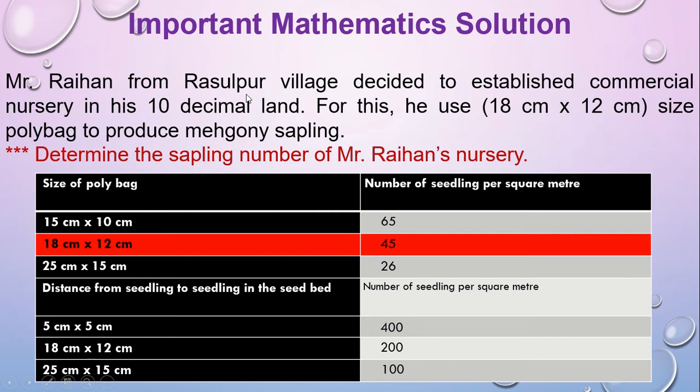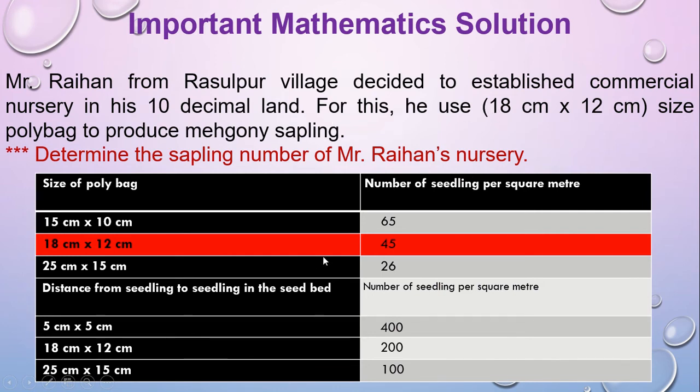Mr. Raihan from Rosupur village decided to establish a commercial nursery in his 10 decimal land. That means his land size is 10 decimal. For this, he used 10 centimeter to 12 centimeter size polybag to produce mahogany saplings or seedlings. So from the stem, we understand that 10 decimal land is given and polybag size is given.